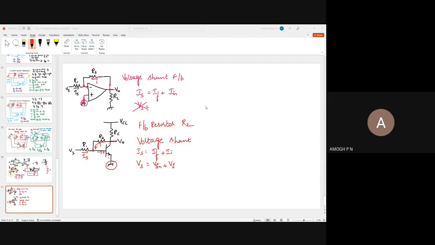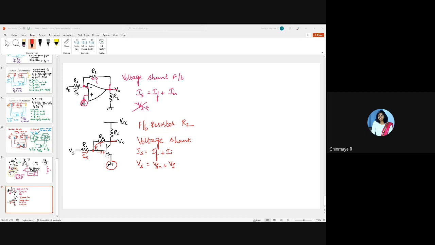Excuse me. Yes, Amol. Doesn't the direction of the feedback current matter? Yes, but it's okay. Even if it's minus IF, it's okay, as long as you are able to express this at this point using KCL. I think the directions will be more clear when we solve the problems.